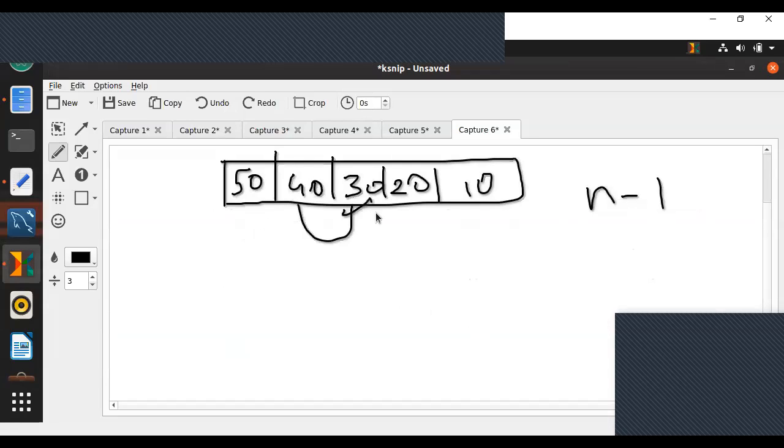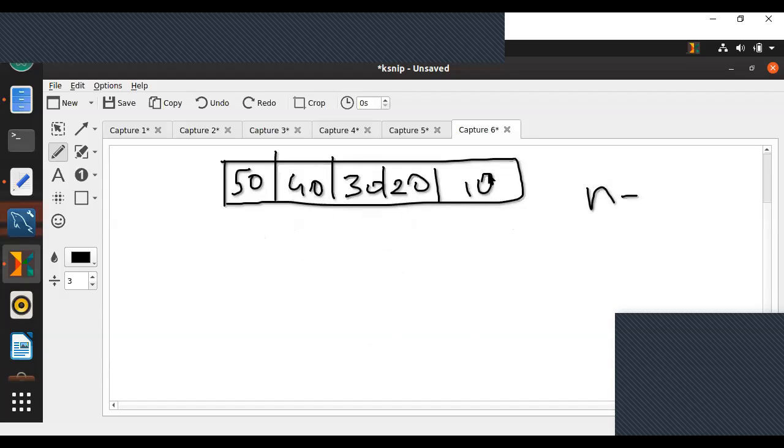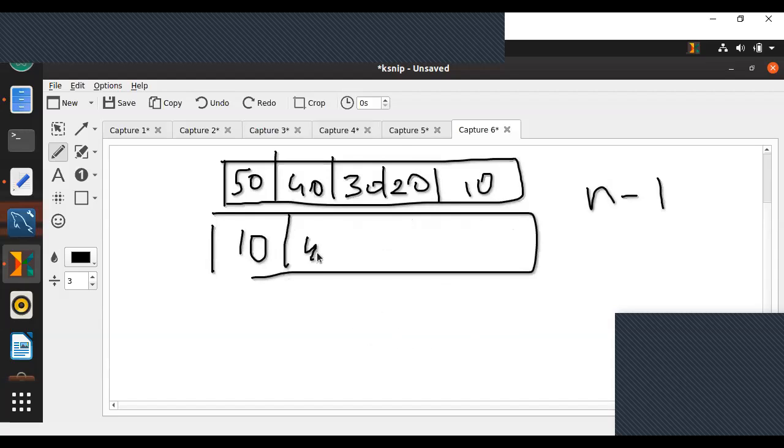Since 40 is smallest, you're going to compare these two. Here 30 is smallest. Since 30 is smallest, you're going to compare these two. Now 20 is smallest. Since this is the smallest value, you're going to compare the next value with this. So by doing 1, 2, 3, 4 comparisons, you're able to find out that the smallest value is 10. Once you've found it, you're going to swap 10 with the value 50, and make it 10, 40, 30, 20, and 50.